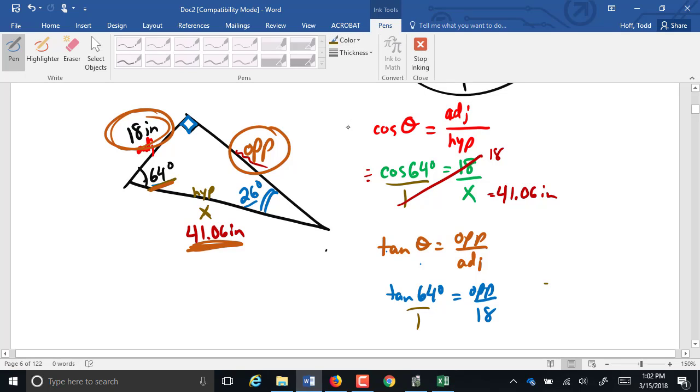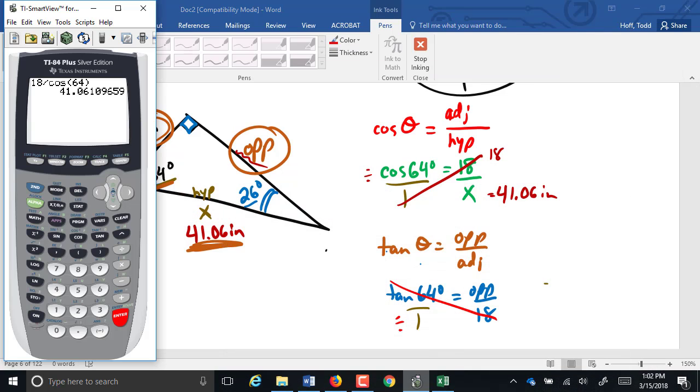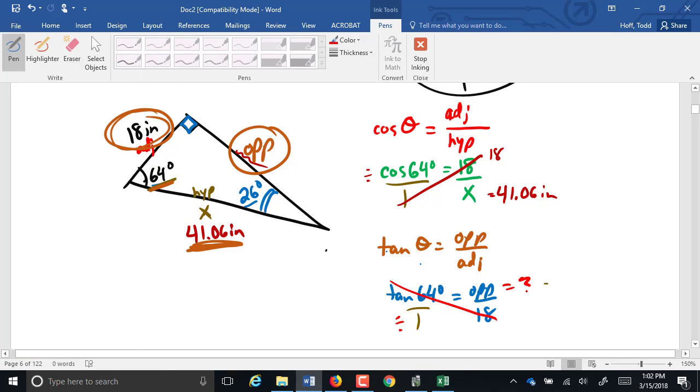So it's going to be tangent of 64 times 18 divided by 1. So 18 times tangent of 64. I don't have to divide by 1 because it's not going to do anything. 36.91. So this opposite side here is 36.91 inches.